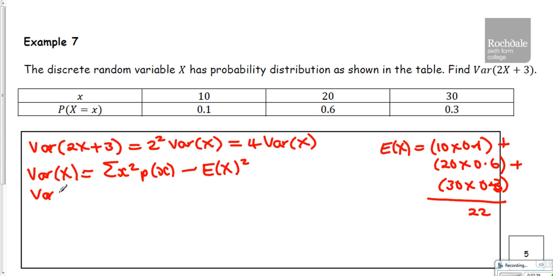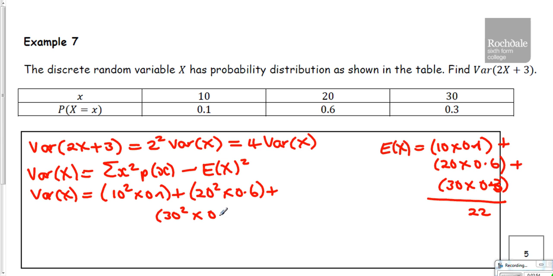So the variance will be 10 squared times 0.1, add 20 squared times 0.6, add 30 squared times 0.3, that's that first part done, and then take away the mean squared.